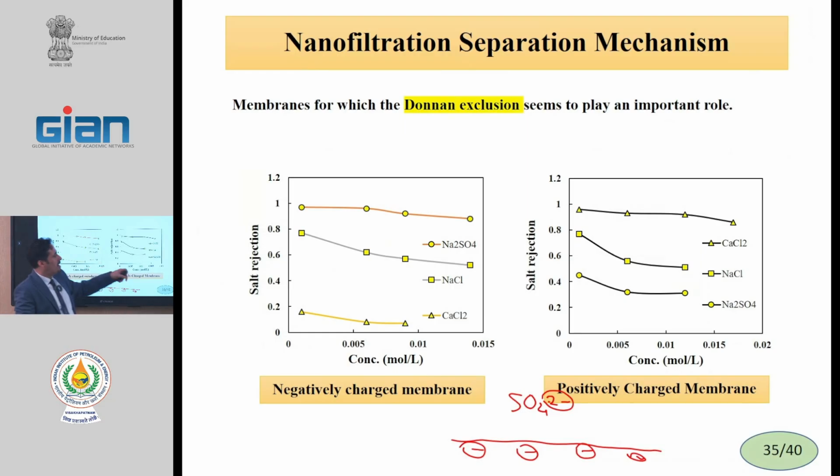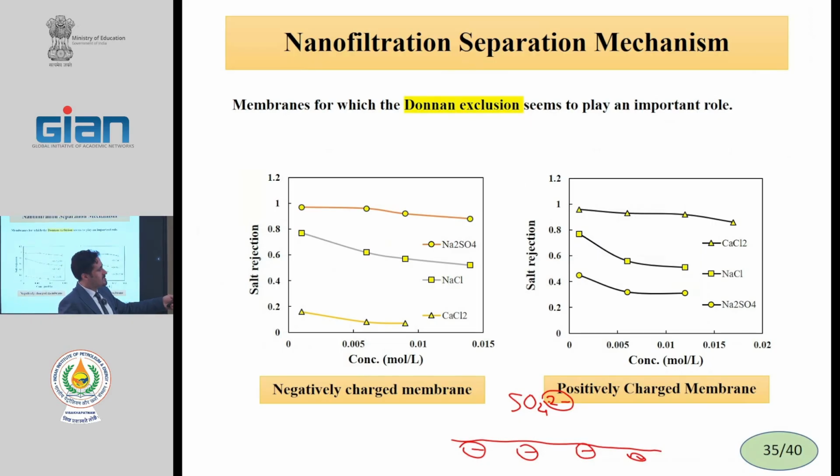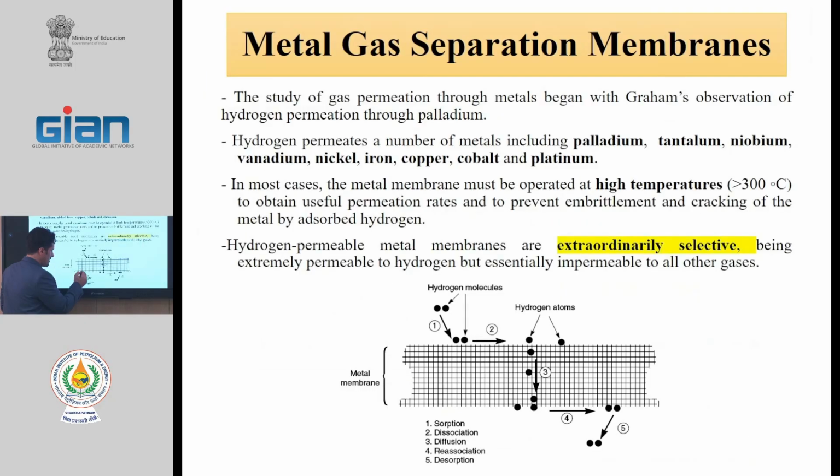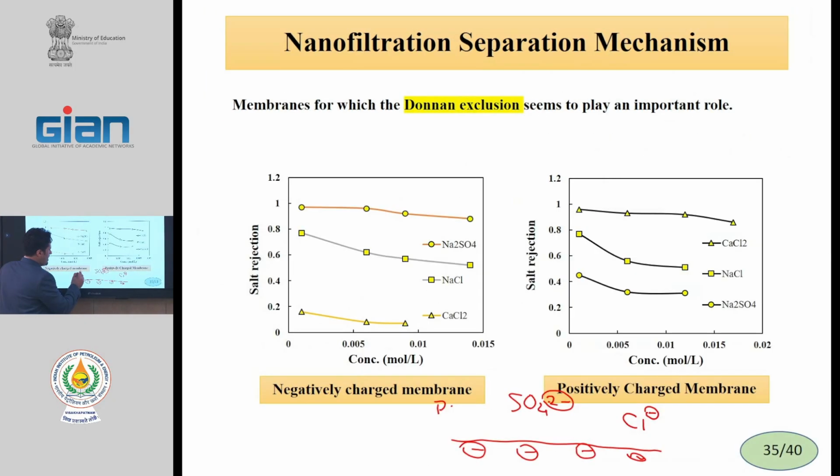Okay? When we compare NaCl with Na2SO4, the sodium is similar, but sulfate has more rejection than chloride because chloride has 1-. Therefore, phosphate with a 3- charge will be rejected even more than sulfate.